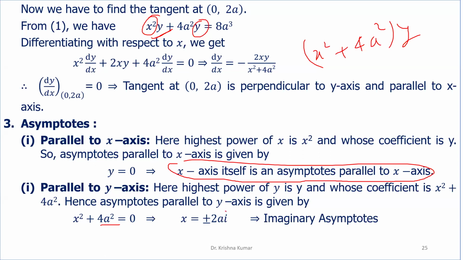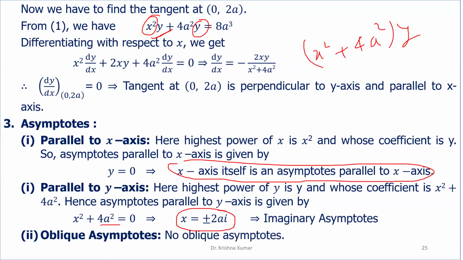So we are getting imaginary asymptotes. There is no need to find the imaginary asymptotes, or there is no meaning in tracing the curve if we are getting imaginary asymptotes. Now there are no oblique asymptotes, because we have already got the asymptote parallel to the x-axis.